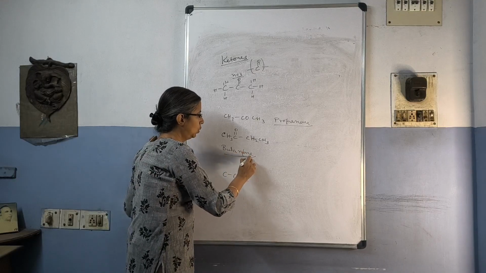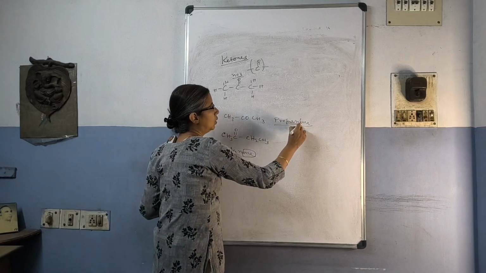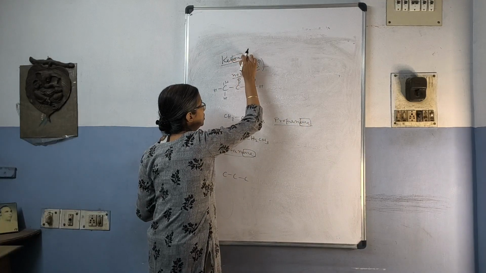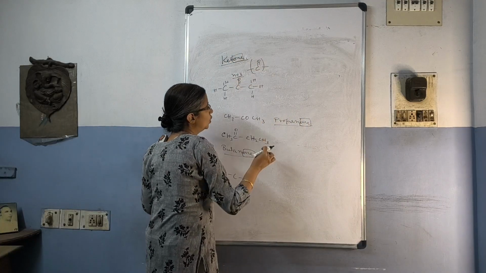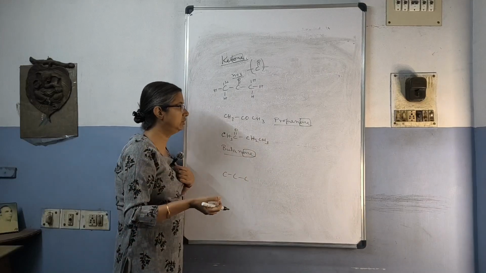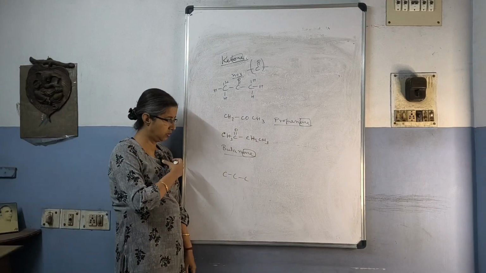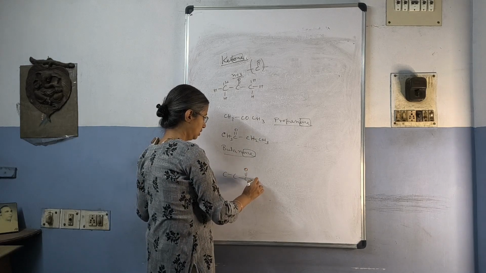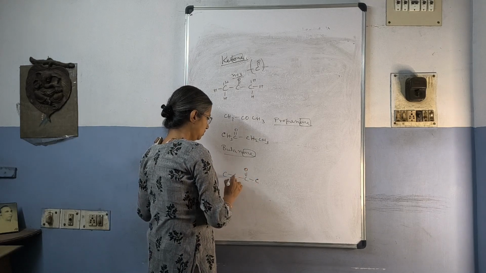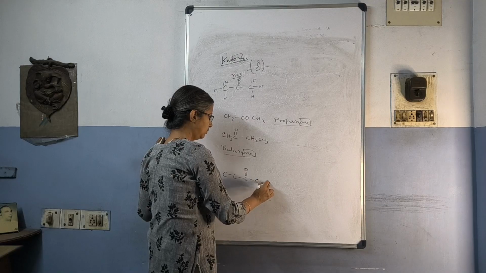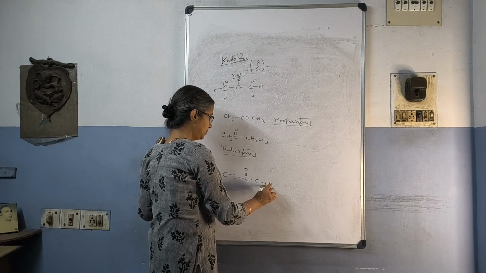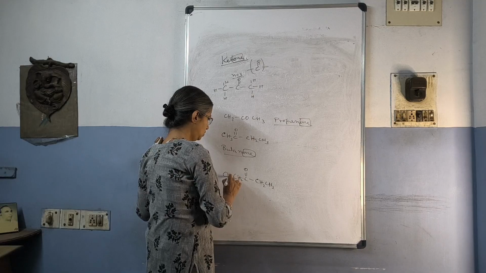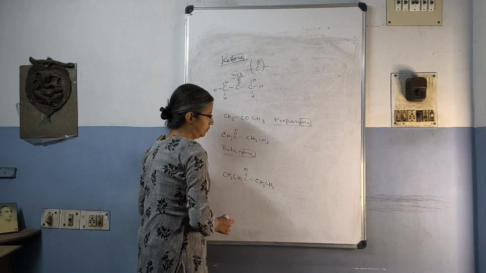Ketone ends in -one, O-N-E, and we say it as "one". Then C 1, 2, 3, 4, 5. So we will have CH3, CH2, CO, CH2, CH3.